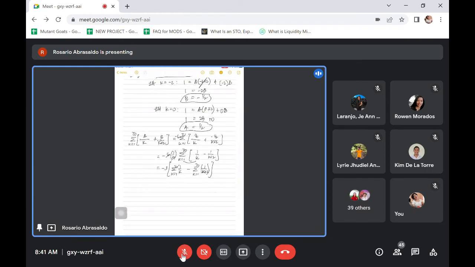Okay, using distributive action. If we're going to expand this fraction, class, it has a negative 3.